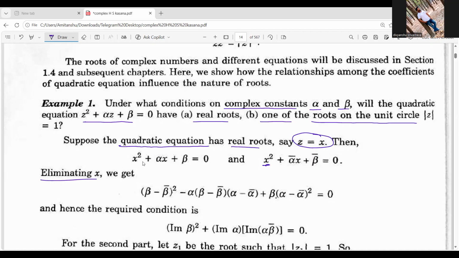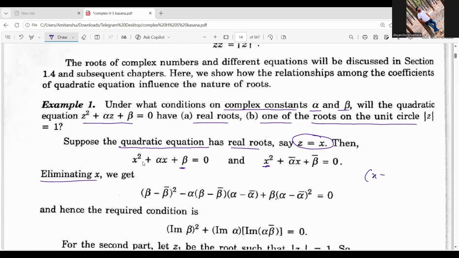Basically here they use some quadratic equation explanation. These are the standard format for solving a quadratic equation: x minus y square alpha, x minus y conjugate, x minus x conjugate, and then beta, and x minus y conjugate whole square, which is equal to 0.